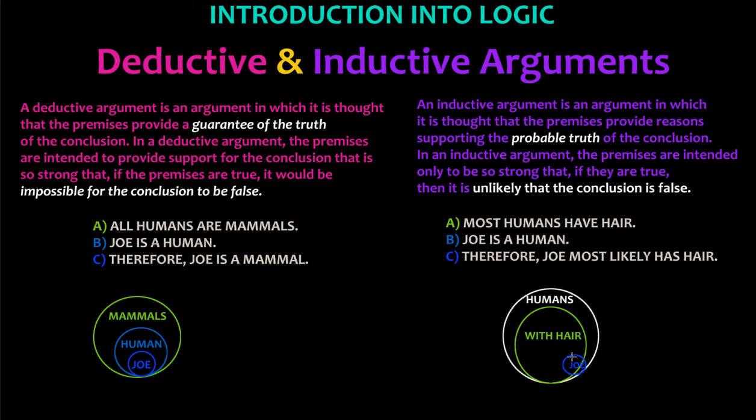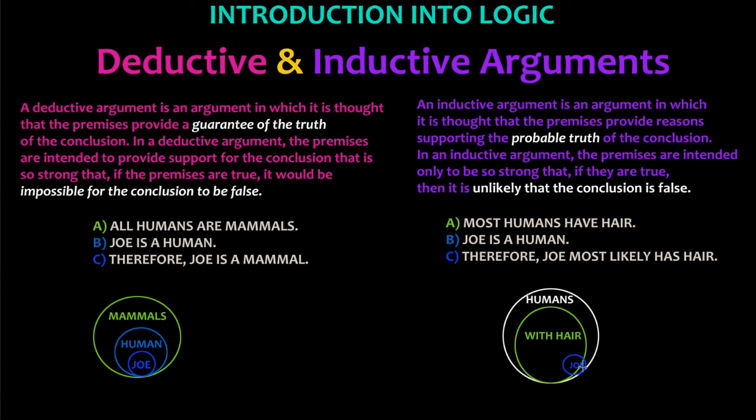So here, blue represents Joe. He is within the category of humans. He also, conceptually, is mostly within the category of those with hair, but it's possible he is a non-haired human as well.